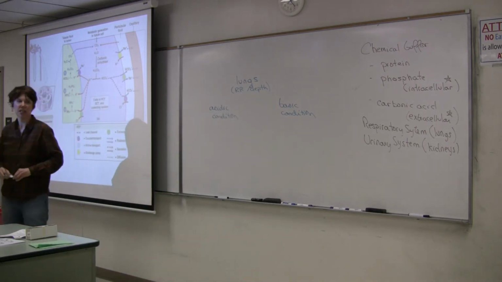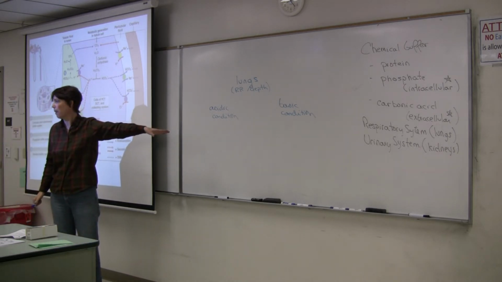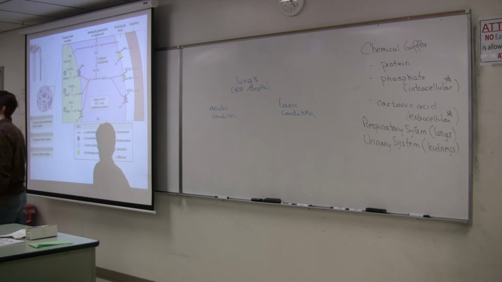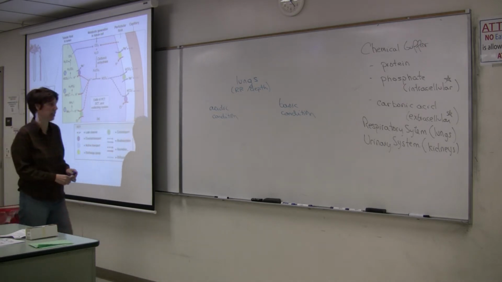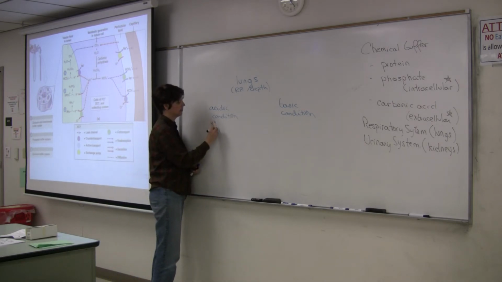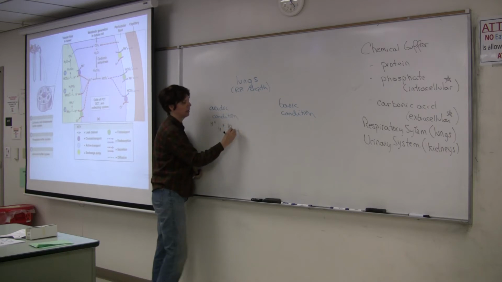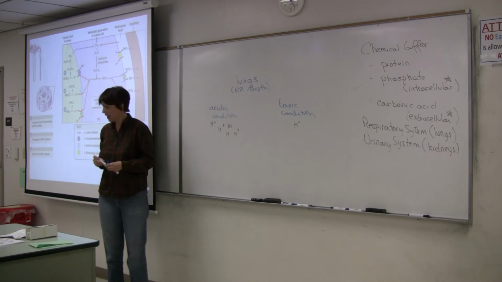Okay? So your body is low pH. What would you expect your respiratory rate and depth to be? You have an acidic condition. You have too many hydrogen ions. So what change would you expect in your respiratory rate? Increased rate, increased depth. Okay?